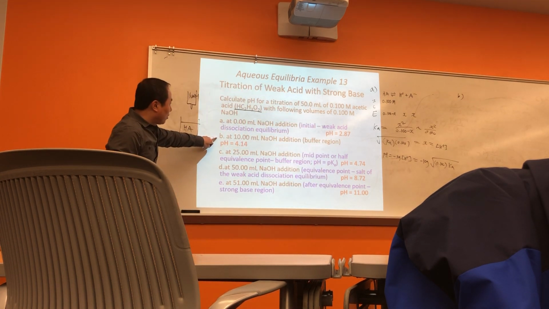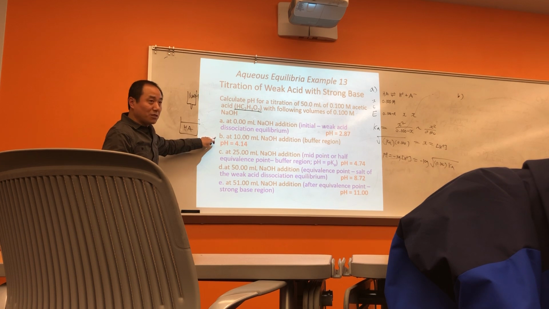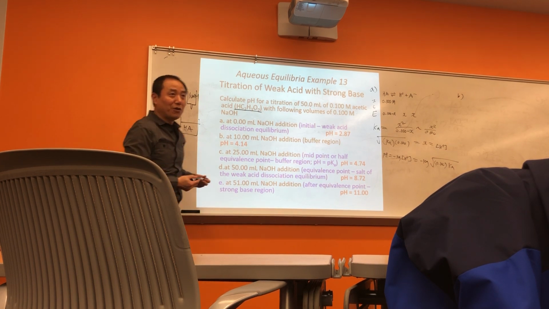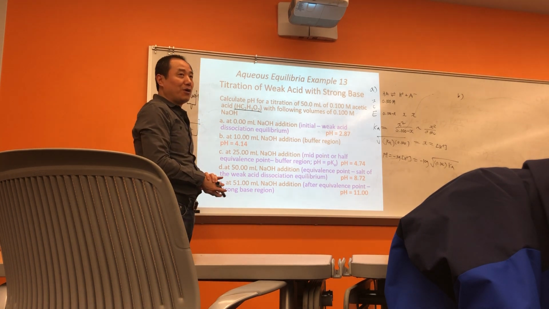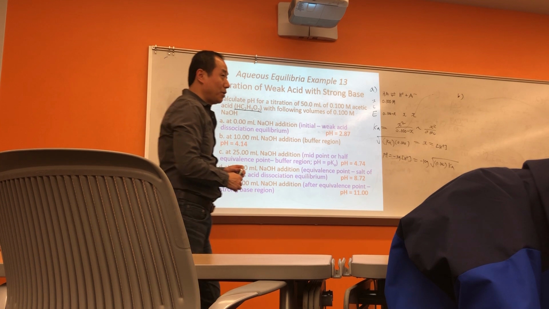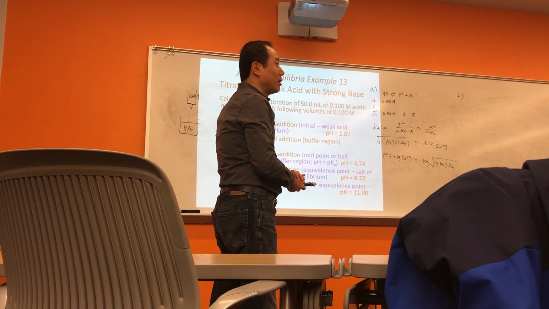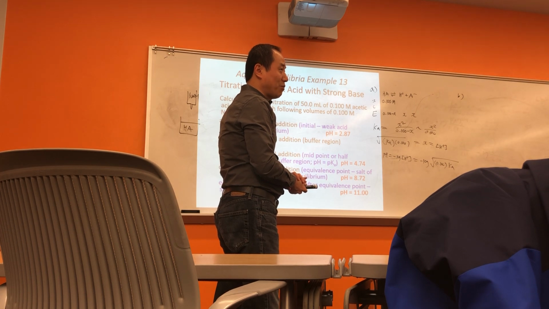You add 10 milliliters of sodium hydroxide. Do you recognize this is a buffer now? How do you know that's a buffer? Because you're adding a strong base to a weak acid. Yeah, you are. So you have to say more.